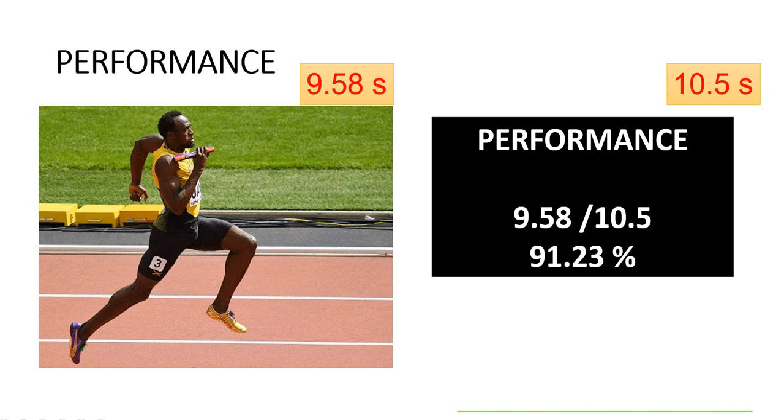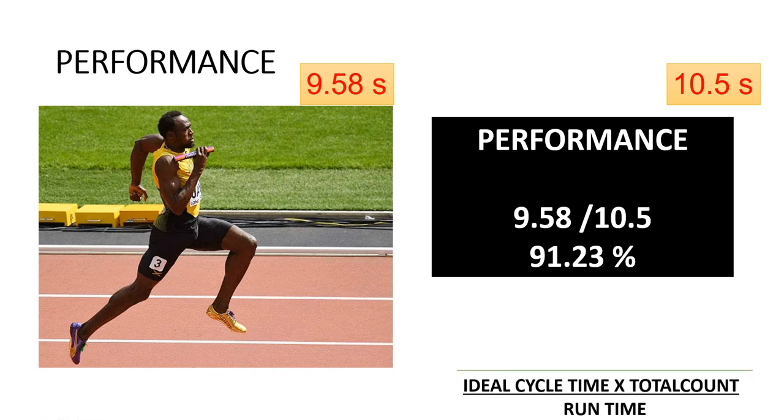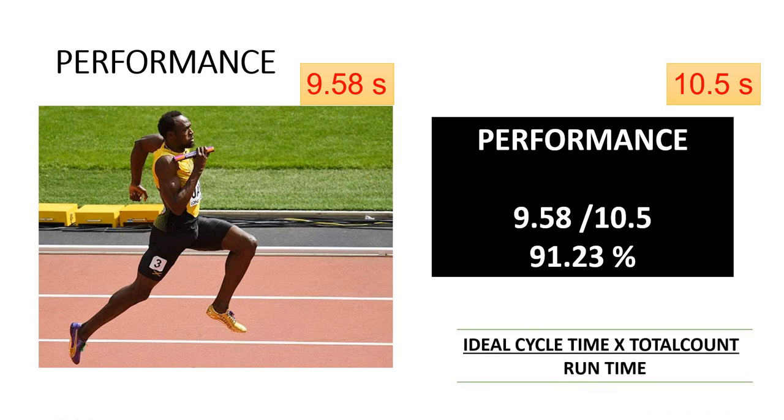Now, let's look at the formula that we used. We want ideally our system to finish the job within this amount of time. That is ideal cycle time, which is the time taken to complete one particular component, times the total number of components that we have to produce, divided by the runtime, which is the actual time.